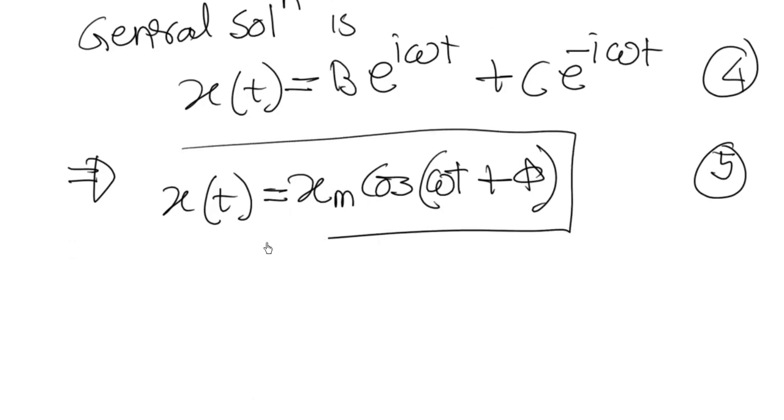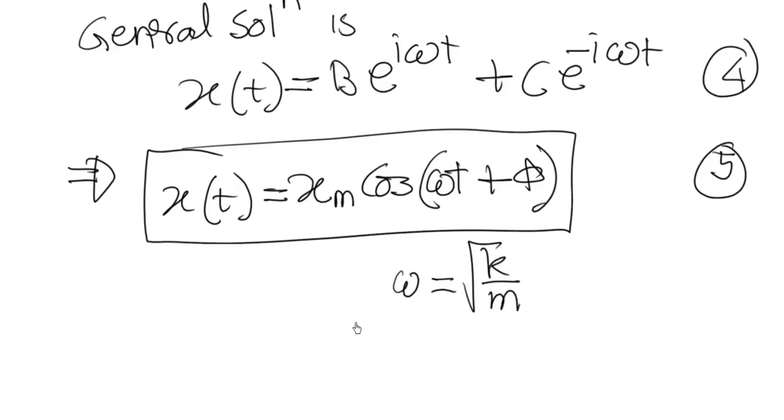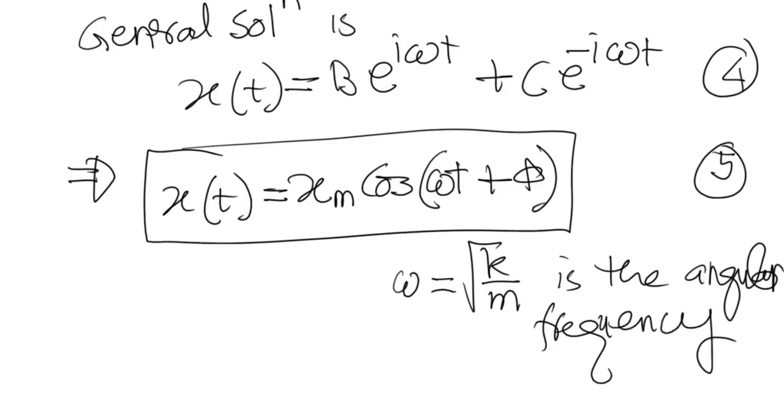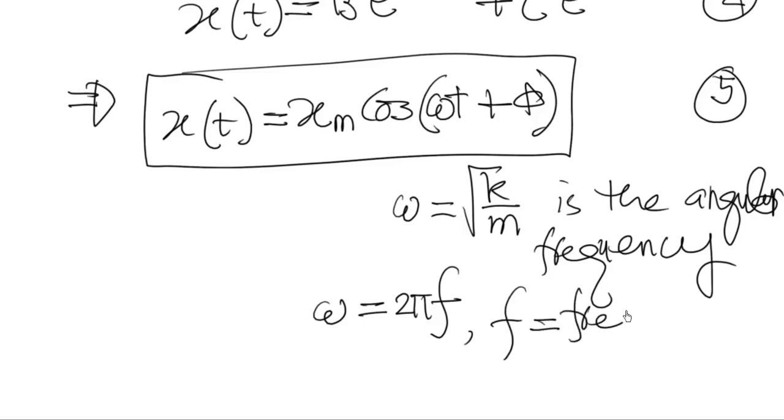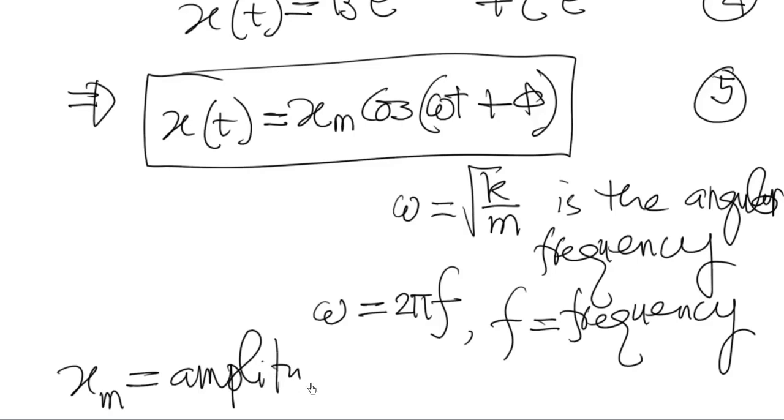So this is the solution of the differential equation for simple harmonic oscillator, where omega is square root of k by m, known as the angular frequency, which can be written as 2 pi f. f is the frequency, xm is known as the amplitude, and phi is known as phase constant.